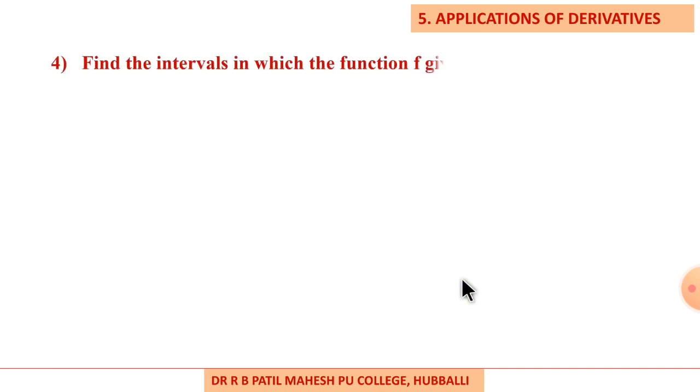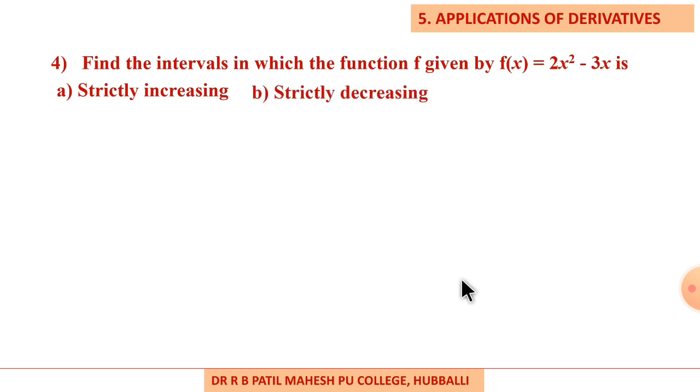Next, example number 4. Find the intervals in which the function f given by f of x equal to 2x square minus 3x is, first one strictly increasing and next one strictly decreasing.